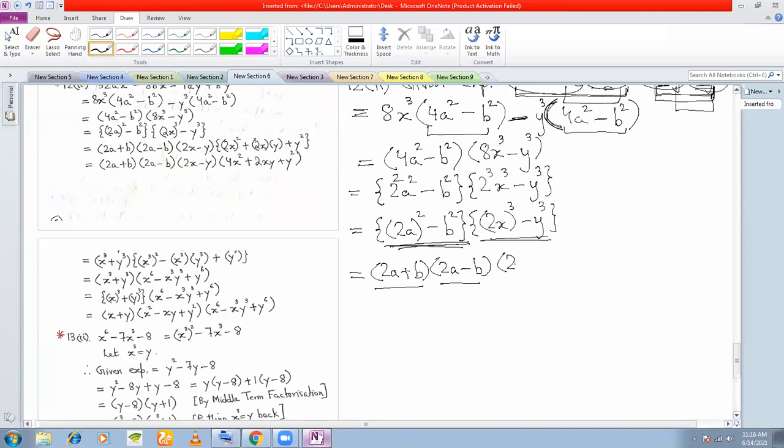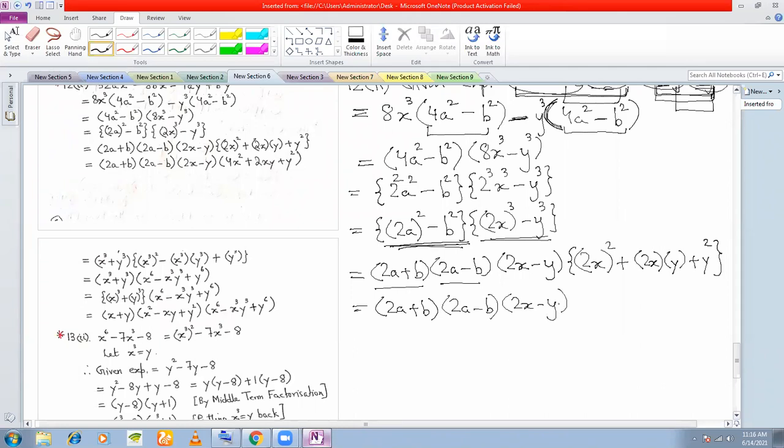So this is a minus b into a square plus ab plus b square. So I have 2a plus b into 2a minus b into 2x minus y into 4x square plus 2xy plus y square. That's it. These are the factors.